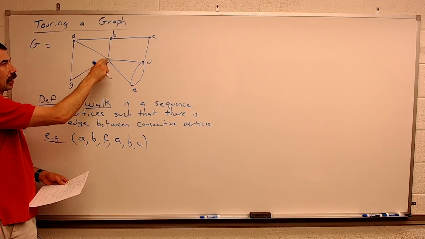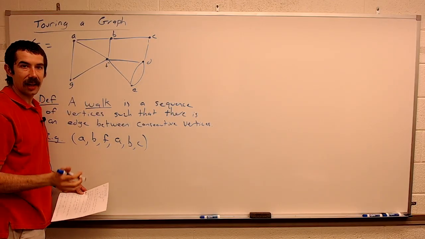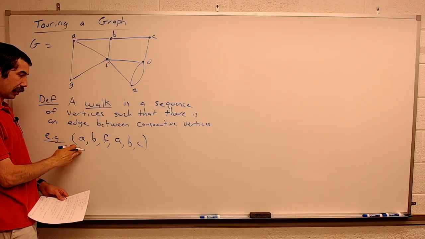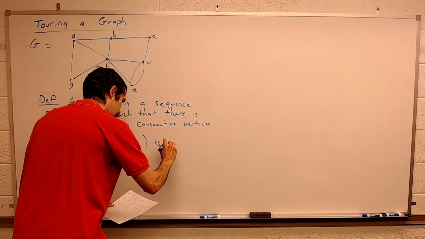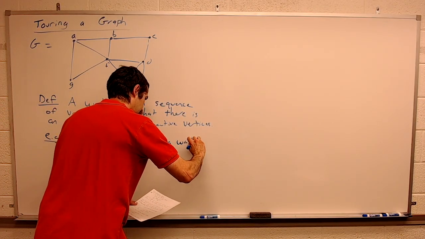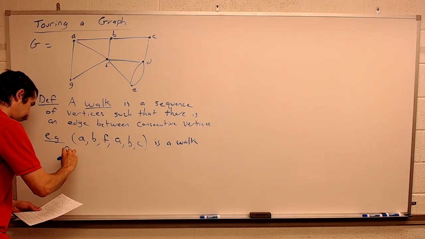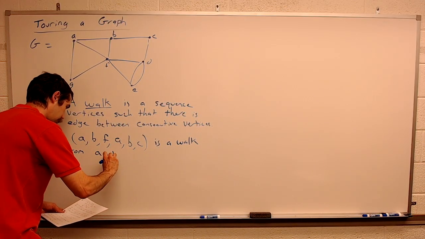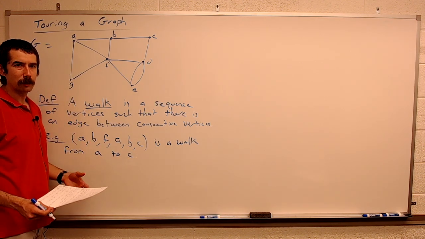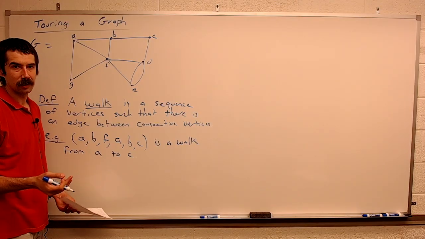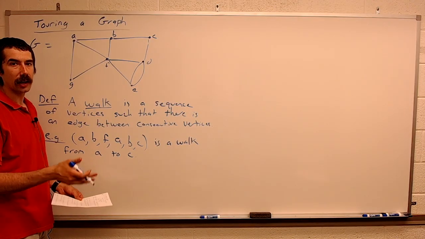So A to B to F to A to B to C. That's a walk from A to C. All right, so a walk is just basically you can't teleport. You have to make sure you're traveling along edges.